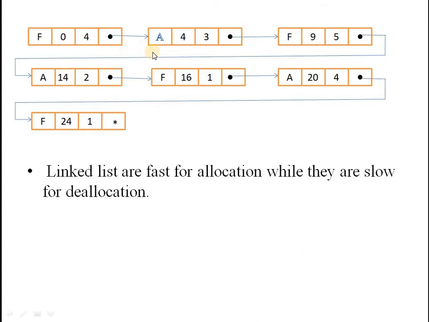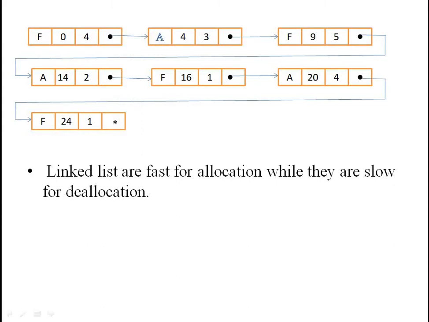From this figure, the first record contains F, which means it is free, the starting number is 0, and 4 chunks are used. Next, the pointer leads to the next node.